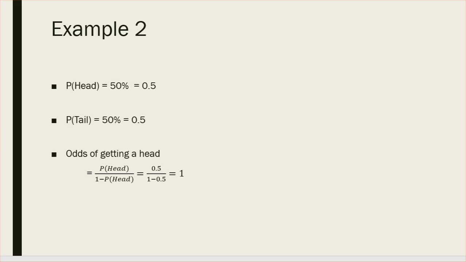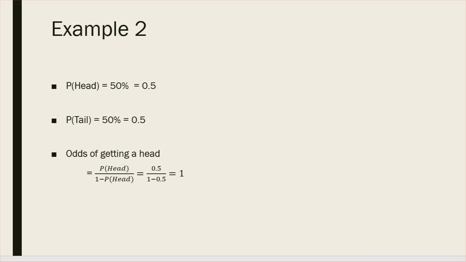So, let's look at another example. We all know, whenever we toss a coin, there's a 50% chance or a 0.5 probability of getting a head. And there's also a 50% chance or a 0.5 probability of getting a tail.